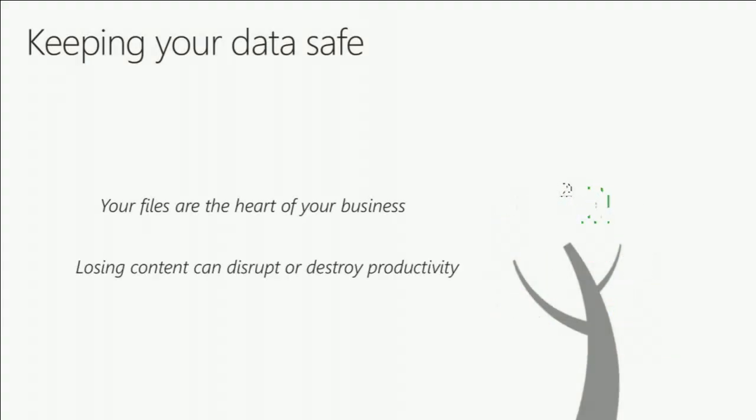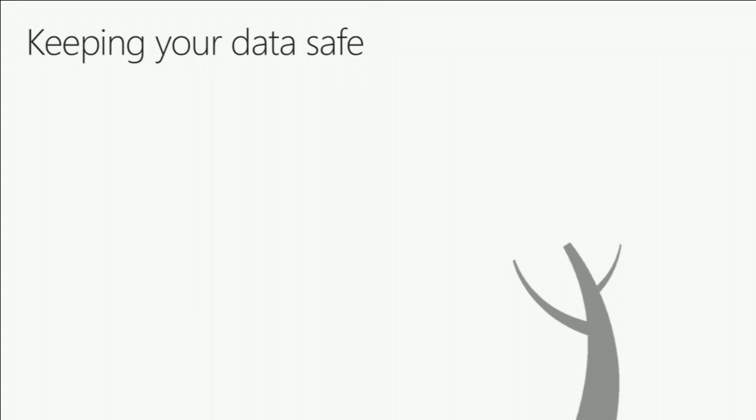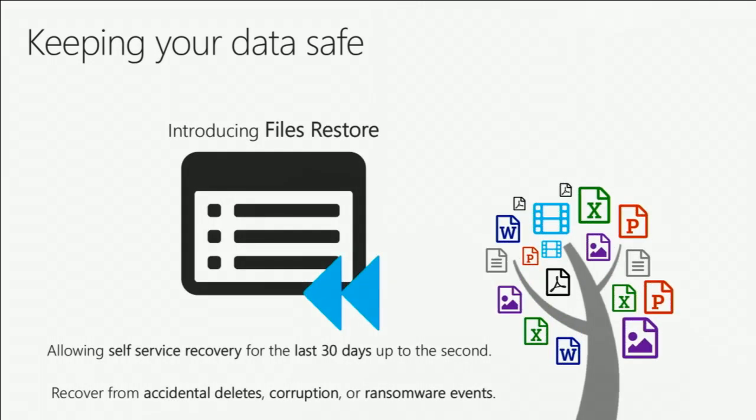So the idea is you can roll back to any time within the last 30 days, up to the second. And we provide a clean user experience for you to easily see all the activity that's happened in the last 30 days. I'll show you what that looks like.